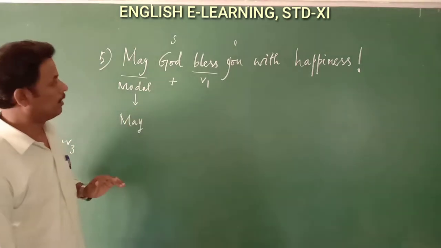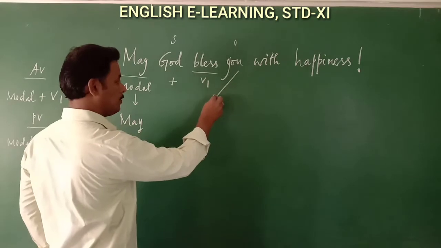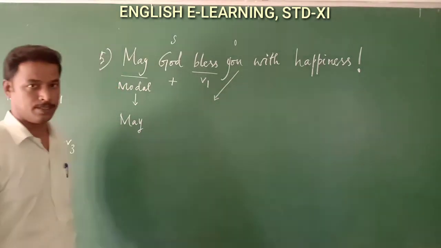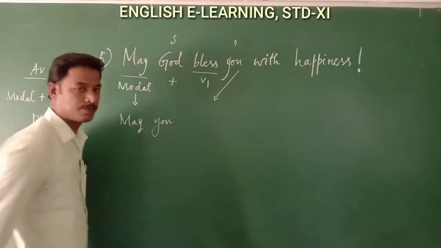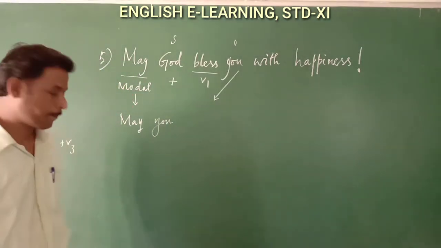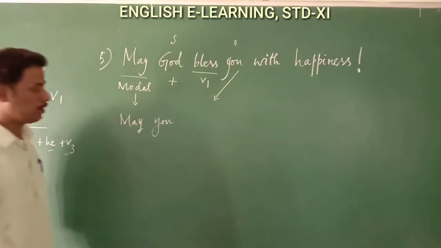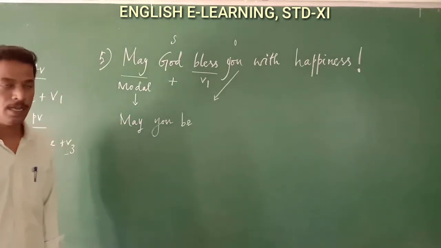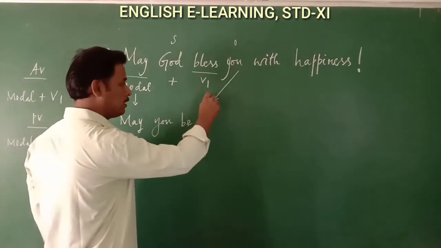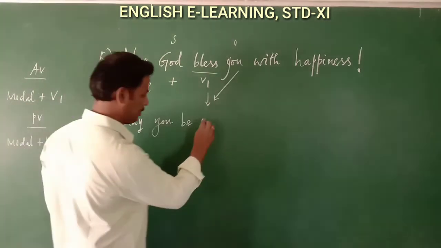May. And then next we have to bring the object here. May you. And what is the verb group here? Be plus verb 3. So we have to add the verb be, and then what is the third form of this finite verb? Bless, blessed.